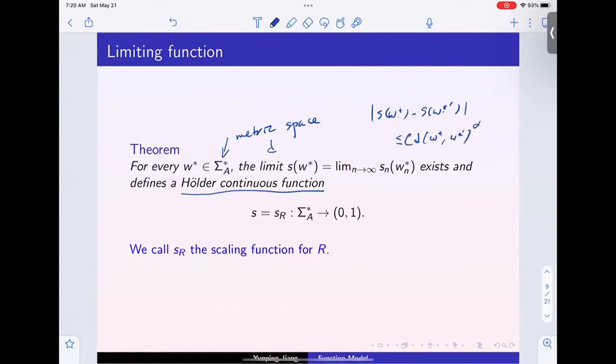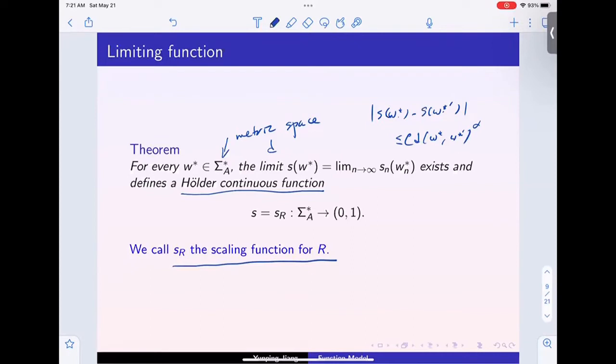So as long as that holds, that is what Hölder means, right? So now for a hyperbolic Riemann surface, we can define a Hölder continuous function associated with it. This function we call the scaling function of this Riemann surface.